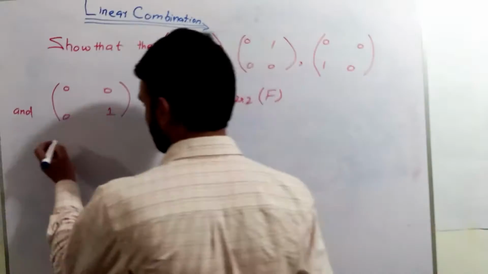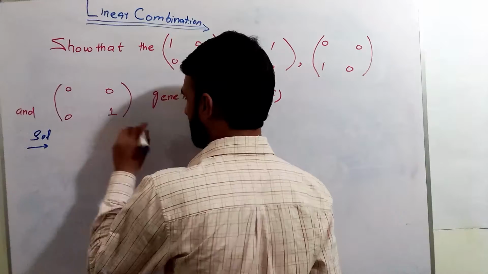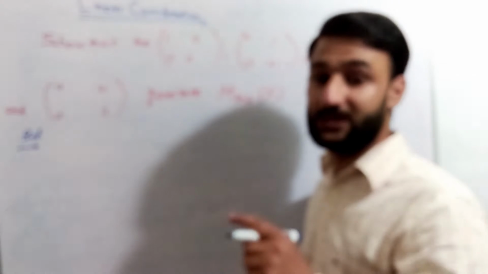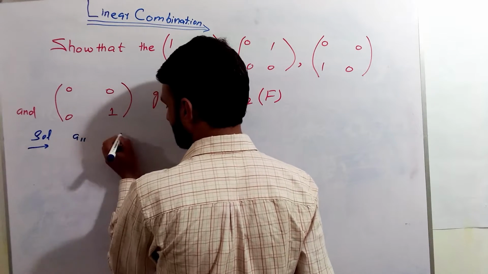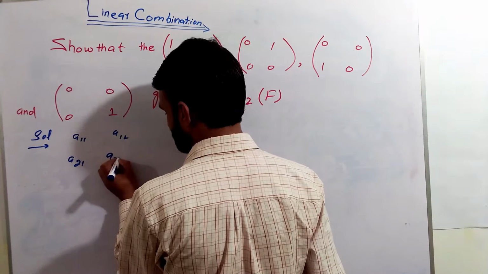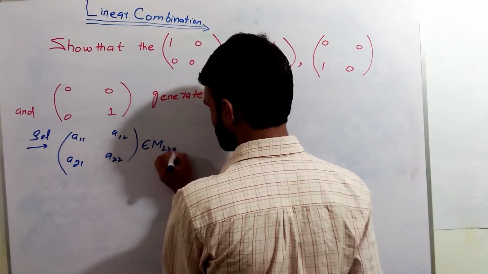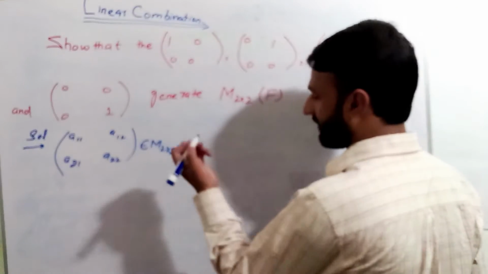By the definition, in the solution we can write: let us choose a matrix which belongs to M2 cross 2 over the field F, and the entries should be scalars, which belong to our field F. For example, let A11, A12, A21 and A22 belong to M2 cross 2 matrix over field F. So we choose some arbitrary scalars.